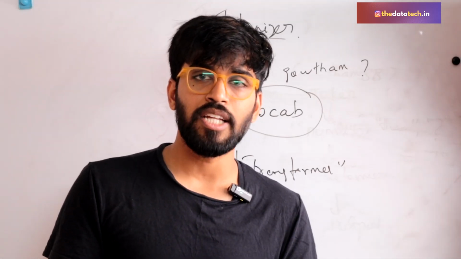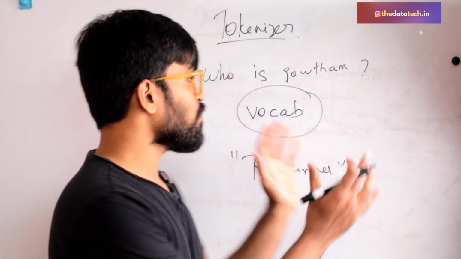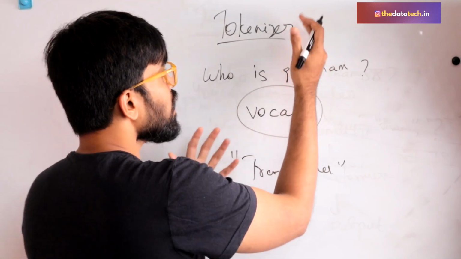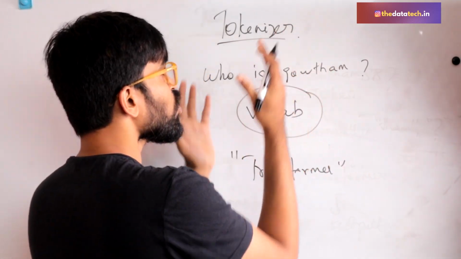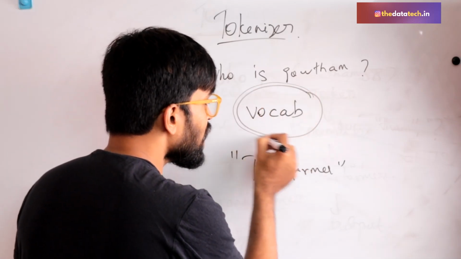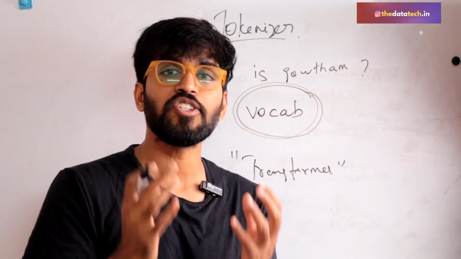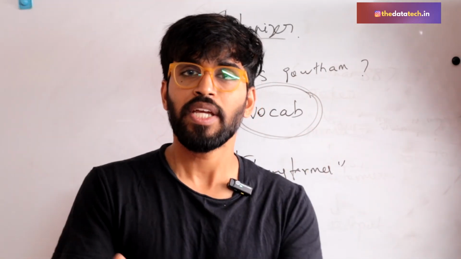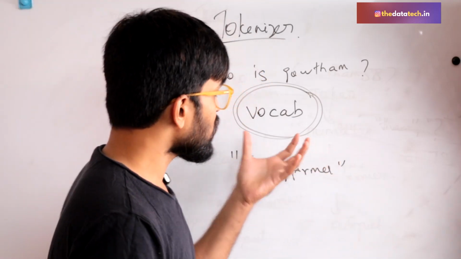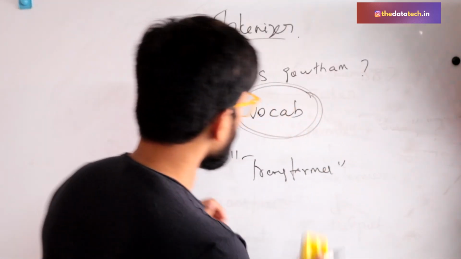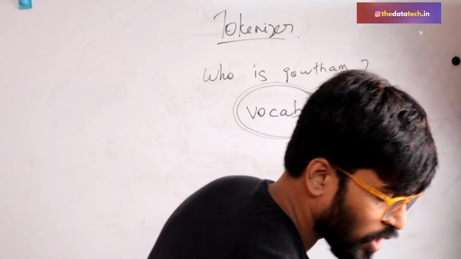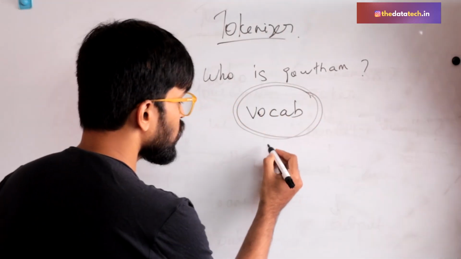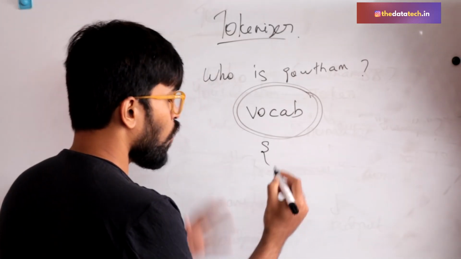One is tokenizer training, to create something called the Vocab. After training the tokenizer, what it creates is a Vocab. You can consider this as a dictionary, like an English dictionary where you have all the words with the meaning, right? Something like that, they create a Vocab, and this Vocab will have a list of all the numbers.